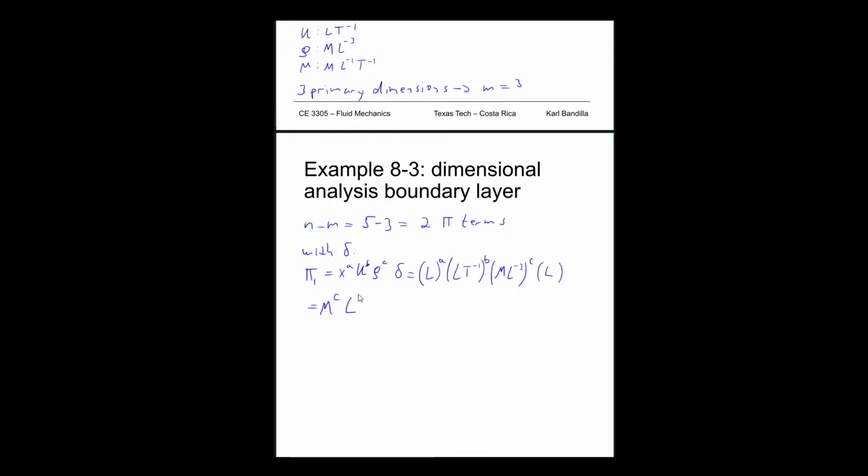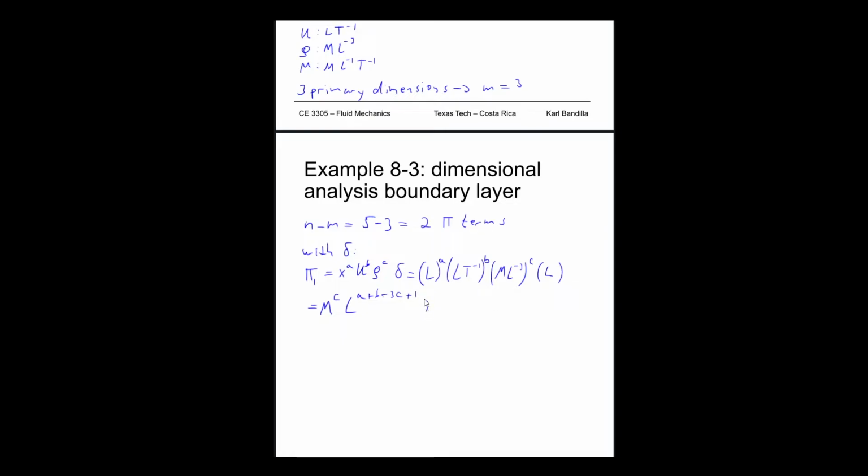L comes up in a, comes up in b, so plus b. How about here? It's c as well, but L is minus 3, so we have minus 3c. And then L to the first power, so just plus 1.